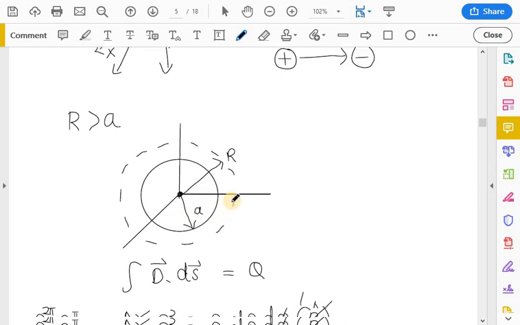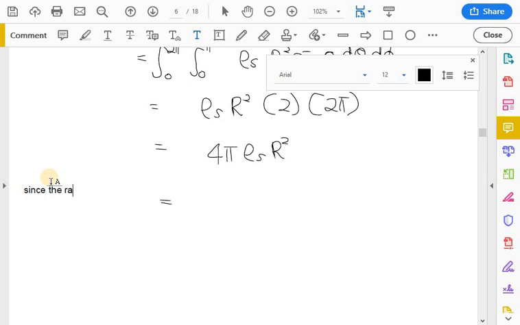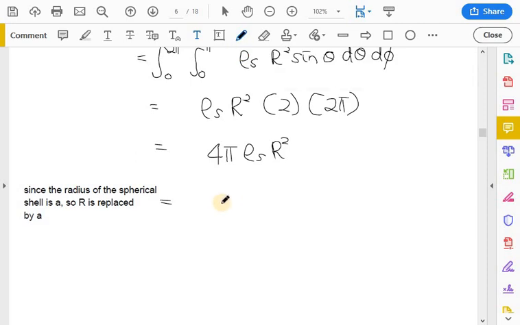So you have to rewrite it, or put a statement: since the radius of the spherical shell is A, R is replaced by A. So here it will become 4 pi rho s A square.